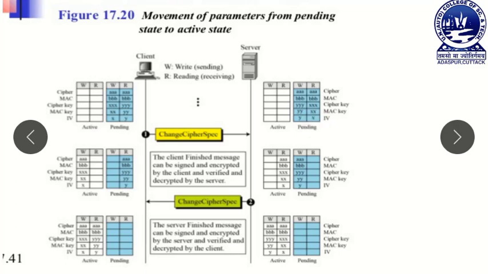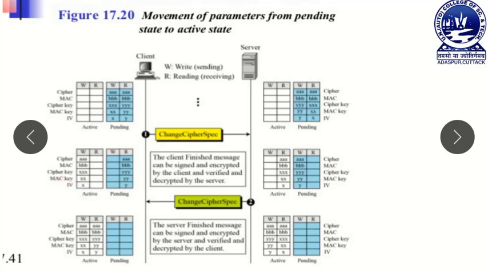Then first the client sends a change cipher spec message to the server. After the client sends this message, it moves the write outbound parameters from the pending state to the active state.